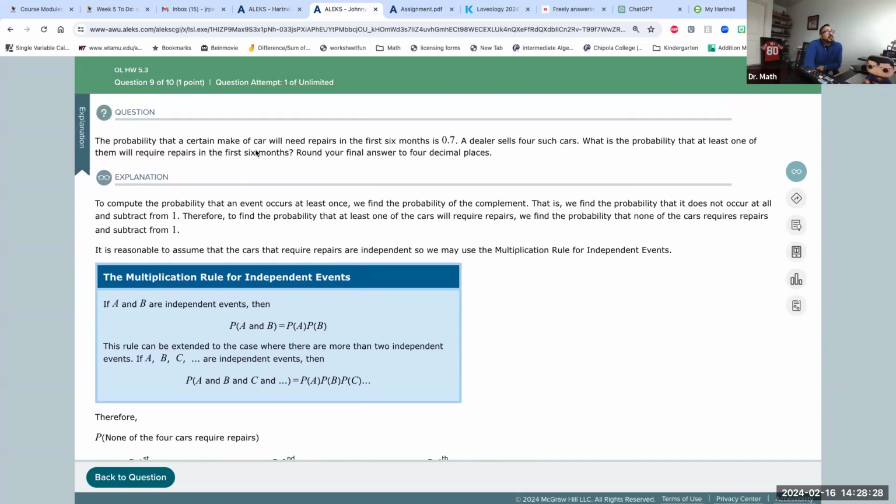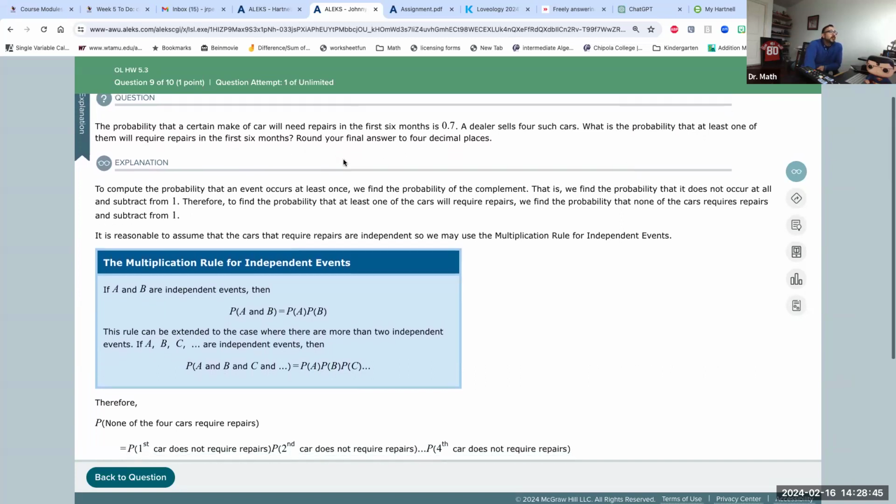The probability that a certain make of car will need repairs in the first 6 months is 0.7. The dealer sells 4 such cars. What's the probability that at least one of them will need repairs? So again, we're going to do 1 minus the probability of none of them needing repairs.